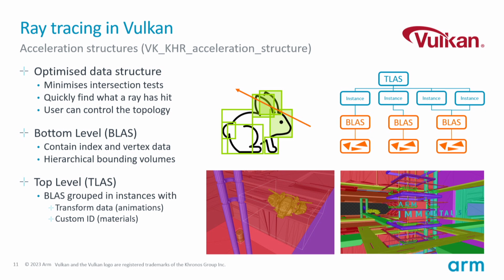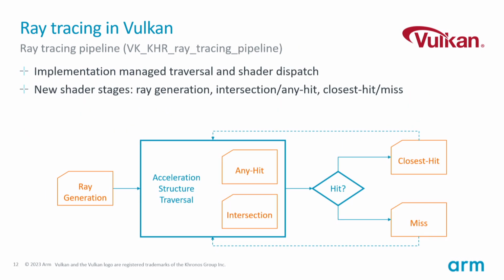Then we need a way to define and trace rays, and Vulkan offers two options. The first option is to use a VK_KHR ray tracing pipeline. As with Vulkan compute and graphics pipelines, we need to define a set of shaders, actually five types of shaders, that will control the GPU operations, in this case to generate and trace the rays on our scene.